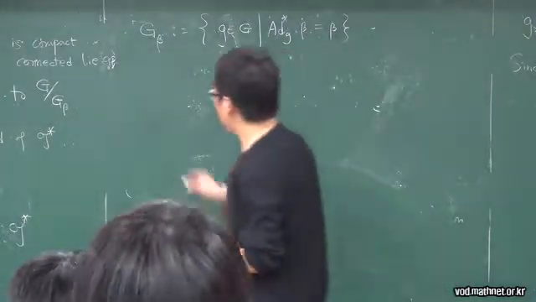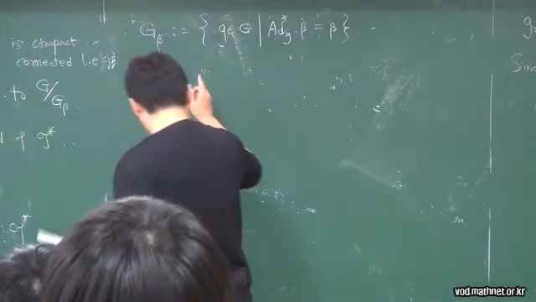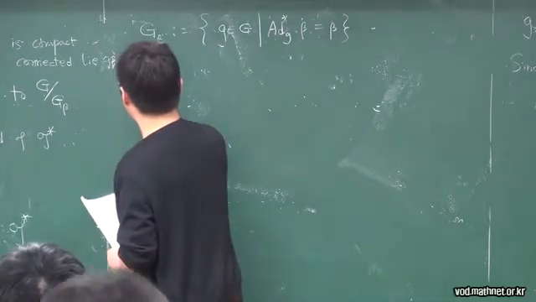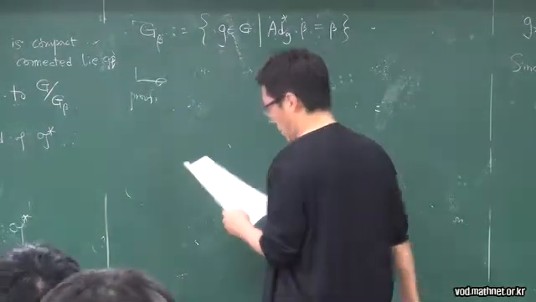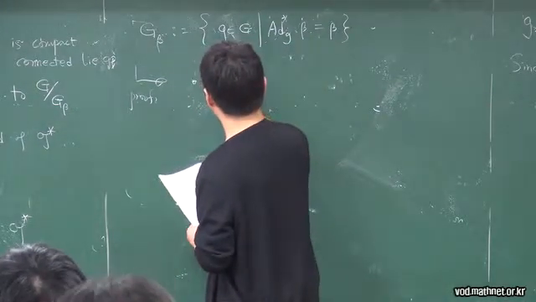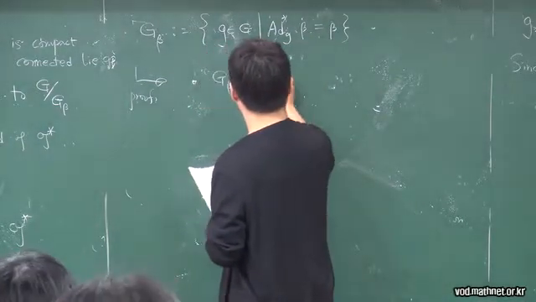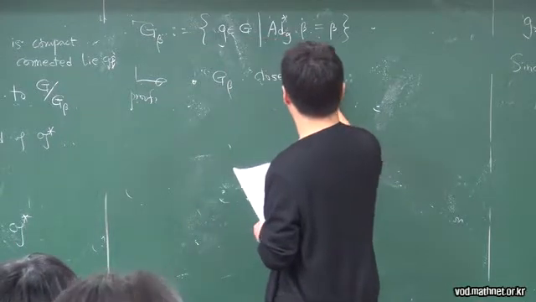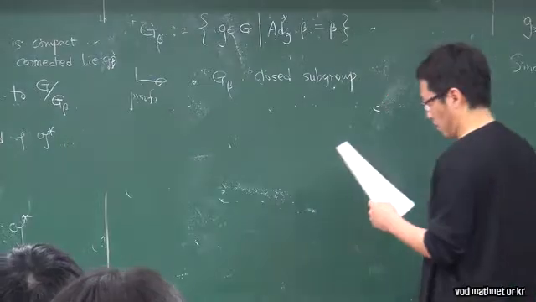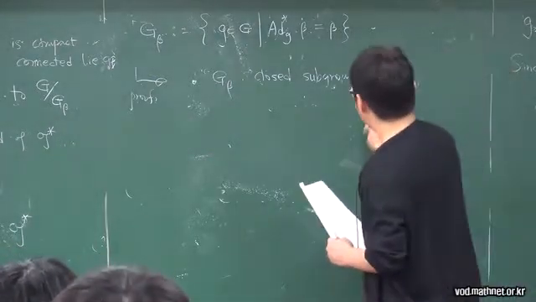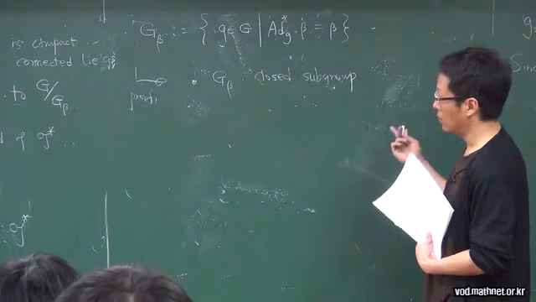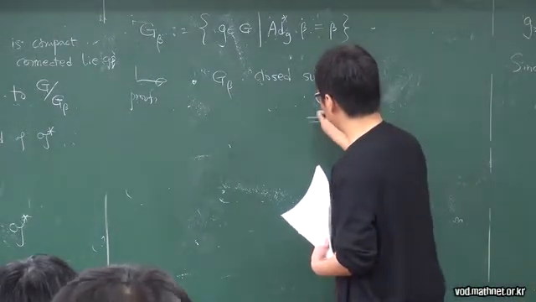So I briefly sketch the proof of this proposition. Firstly, we can show that G beta is a closed subgroup. Then any closed subgroup of a compact connected Lie group is a Lie subgroup.